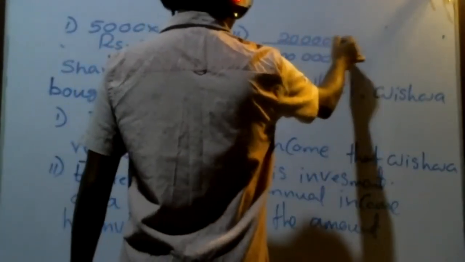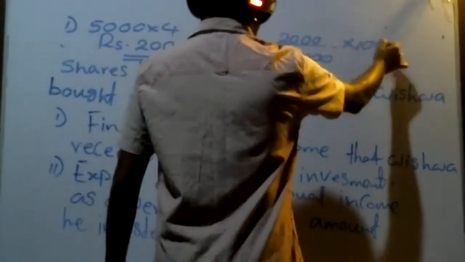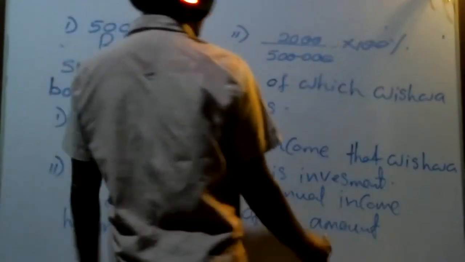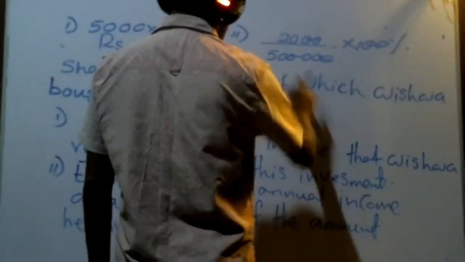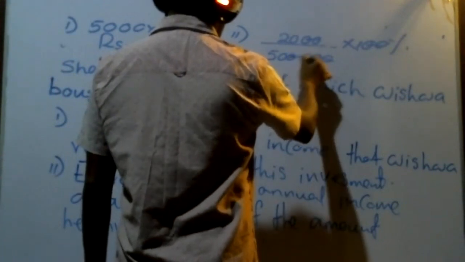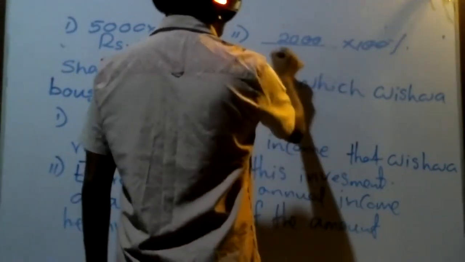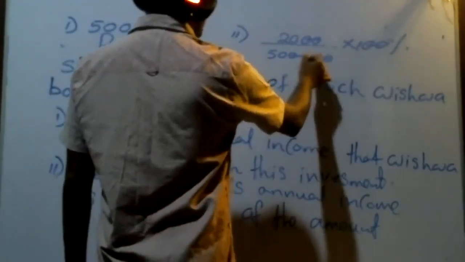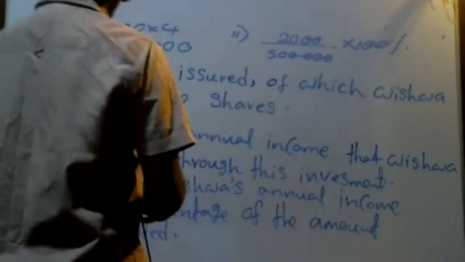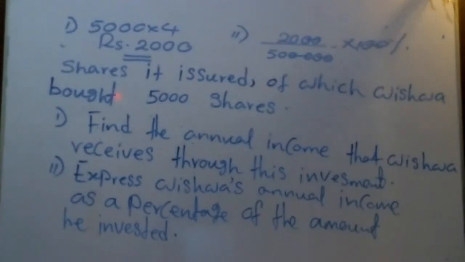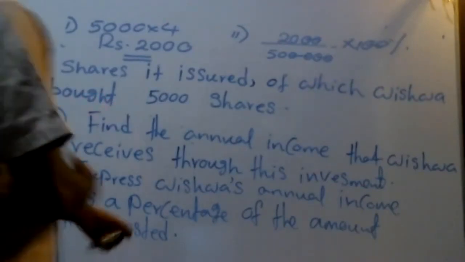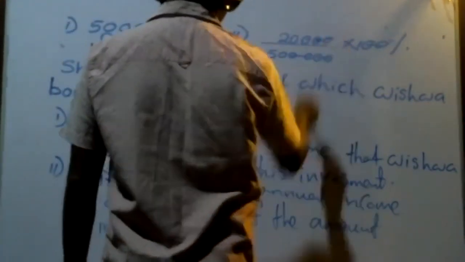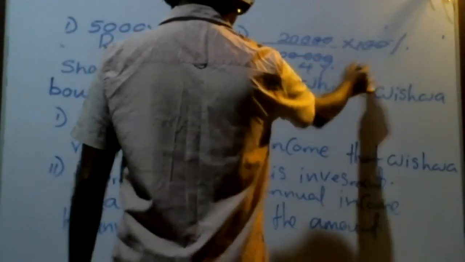We need the percentage, so multiply by 100. That gives 2,000, then dividing 200 by 50 gives 4%. This is the answer.